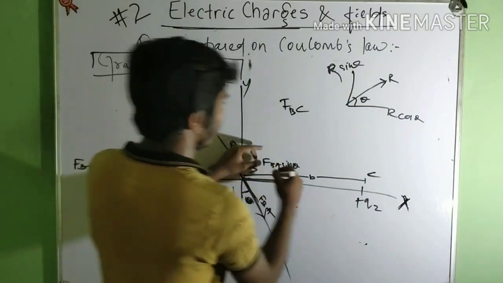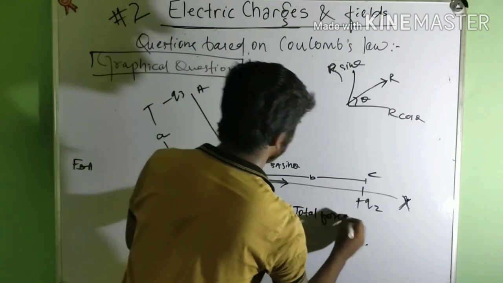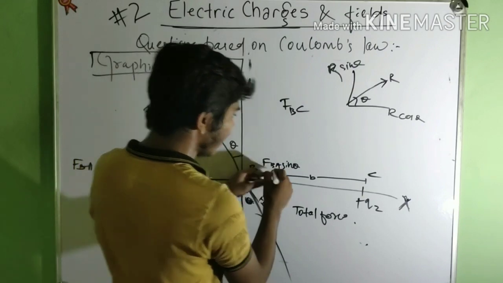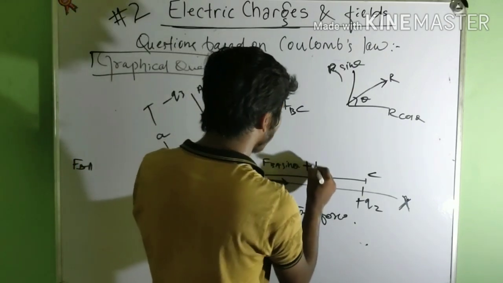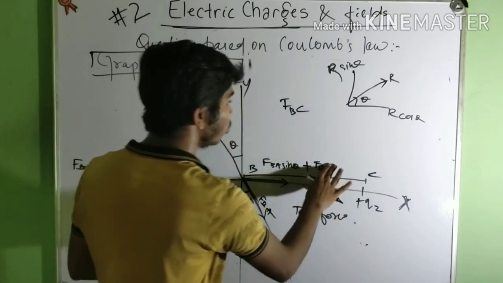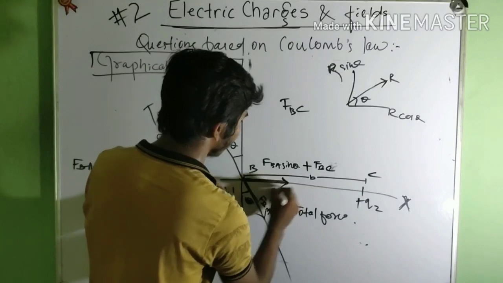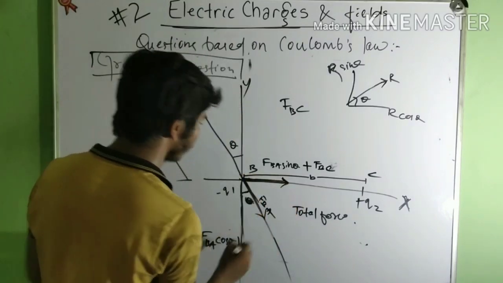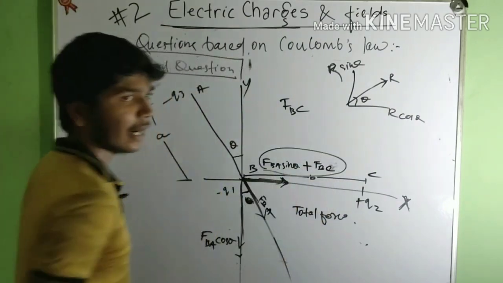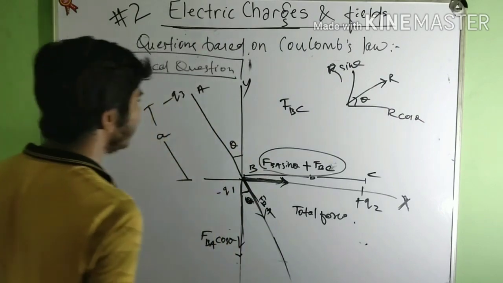So total force is equal to what? F on B due to A sin theta plus force on B due to C in this direction. It is the y component, this is the x component. So these two will be simply added up as these two are in the same direction. So we will find FBA sin theta.